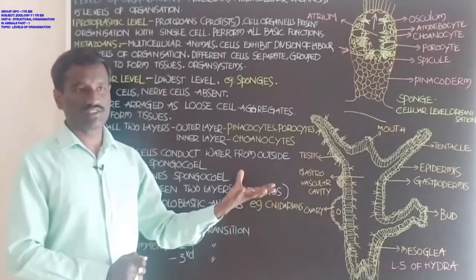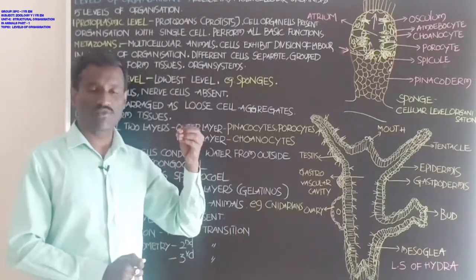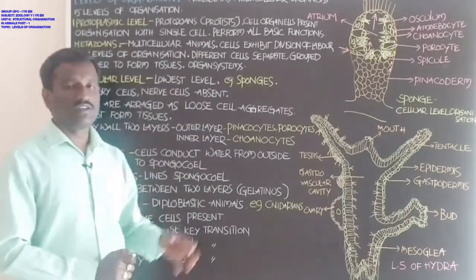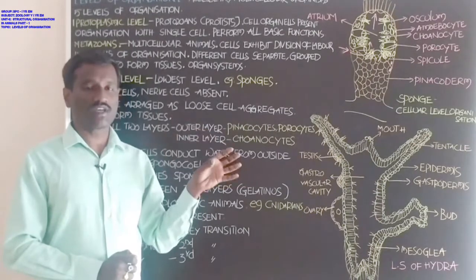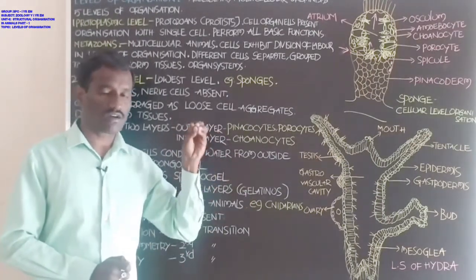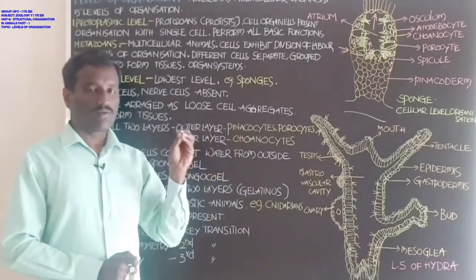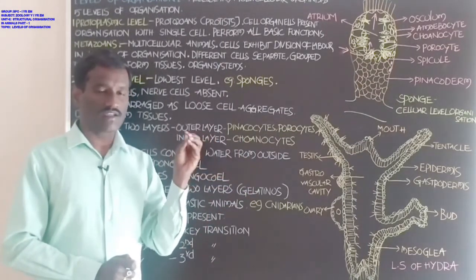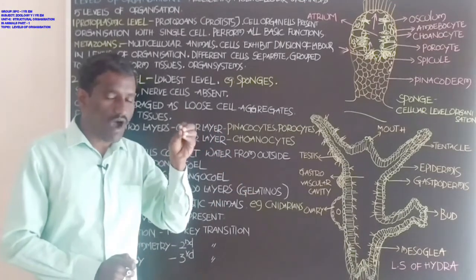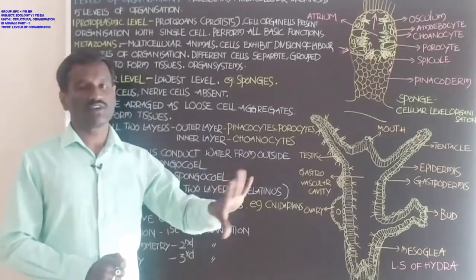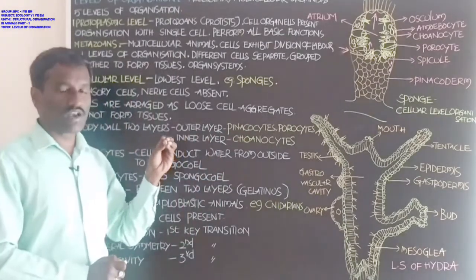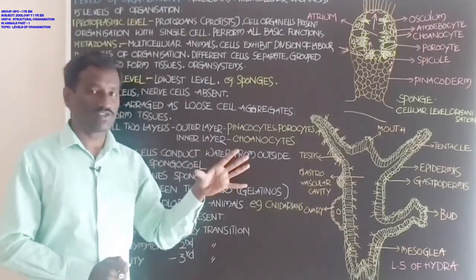Different types of cells are grouped and combined together to form tissues in multicellular animals, and tissues are arranged together to form organs and organ systems. If you observe an organ like the kidney or heart, it shows different types of tissues. This is about the levels of organization in the metazoans.